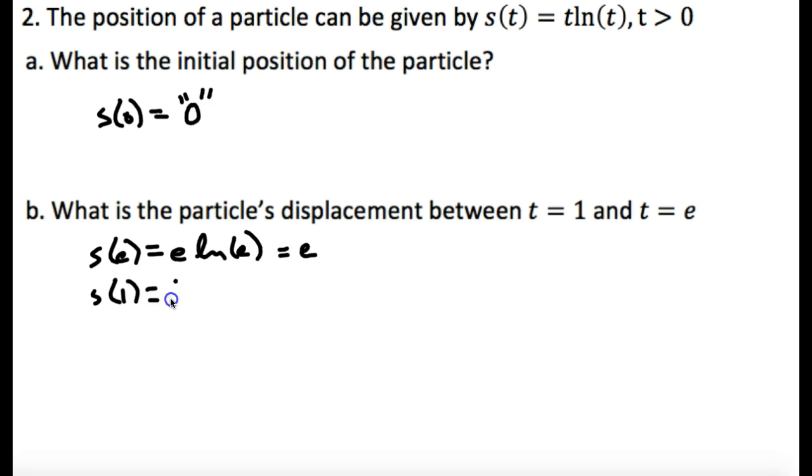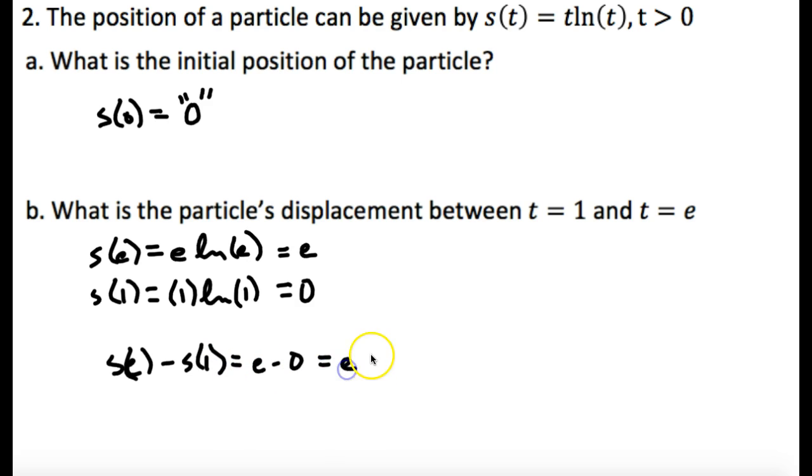Now if I plug 1 in, I've got 1 times the natural log of 1. Natural log of 1 is 0, so 1 times 0 is 0. So my displacement, s of e minus s of 1, is e minus 0, which is just e.